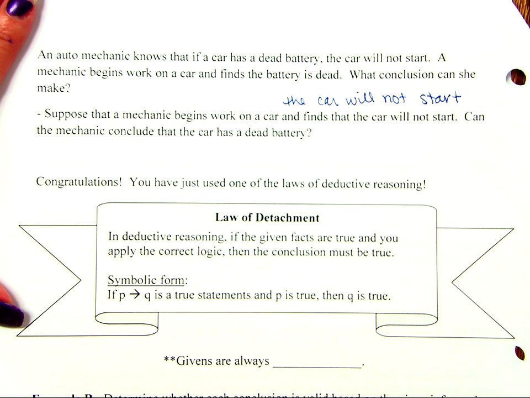Now, if the wording was a little different, suppose the mechanic begins work on a car and finds that the car will not start. Can the mechanic conclude the car has a dead battery?